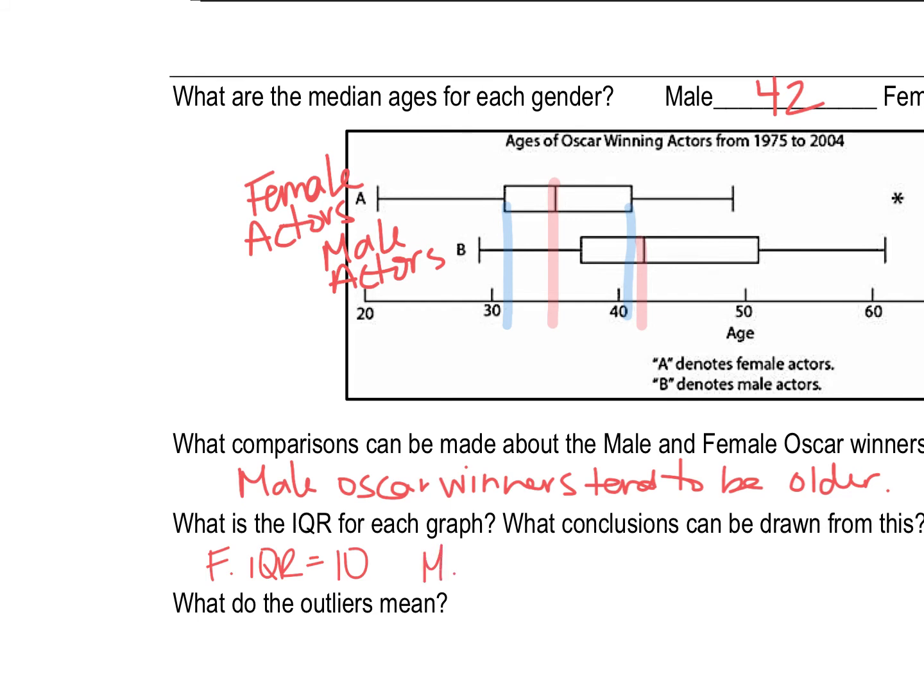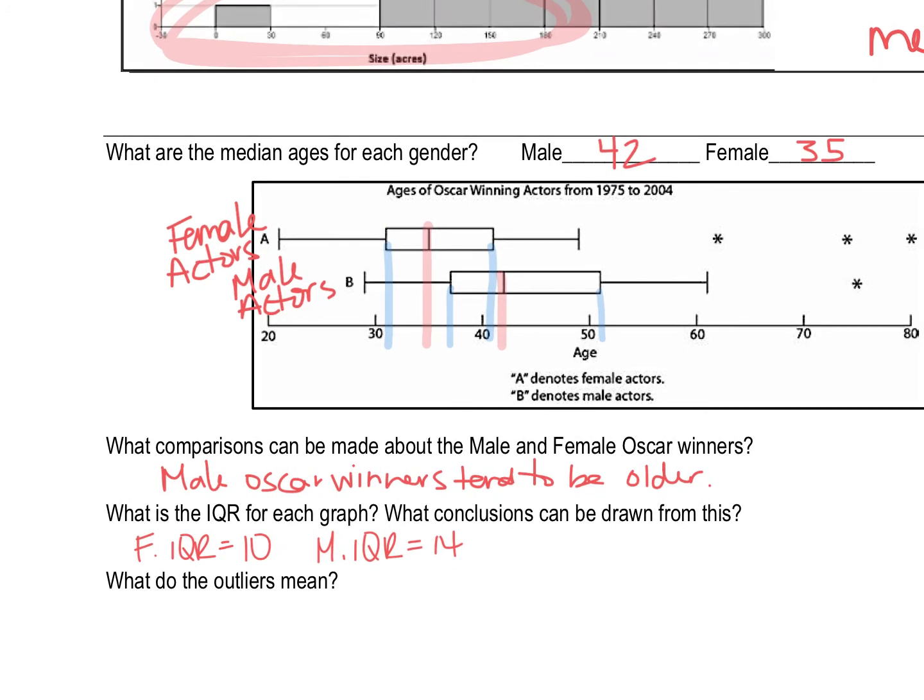For men, so for male IQR, it's going to be from about maybe like 37 years old to 51. So for them, 51 minus 37 is 14. What conclusions can be drawn from this? So looking at these tell us where 50% of our Oscar winners are, like the ages of 50% of our Oscar winners.